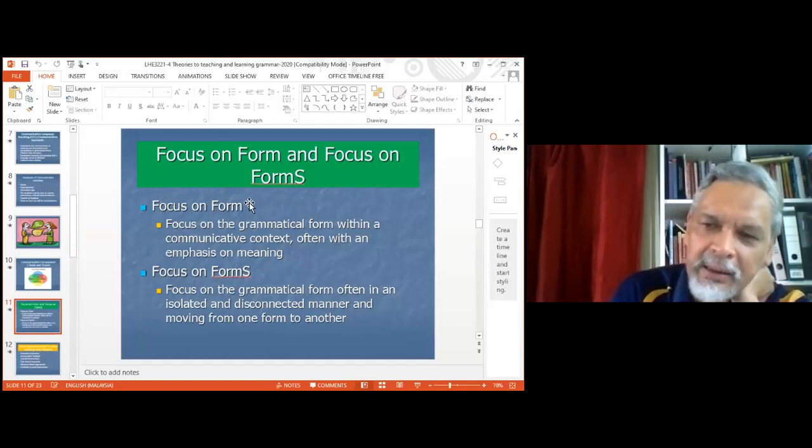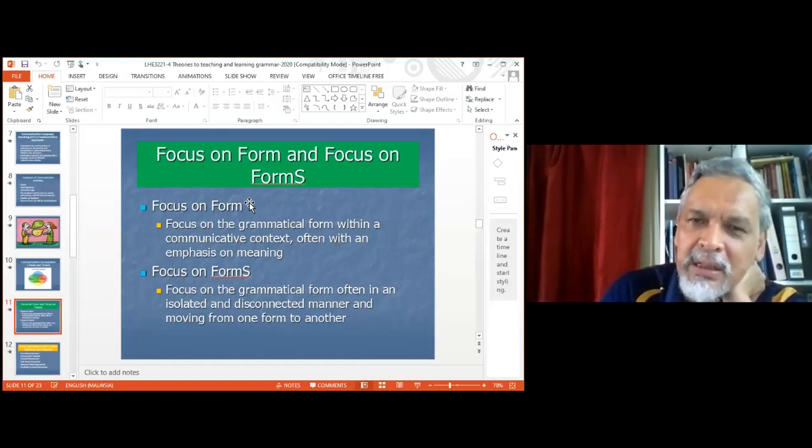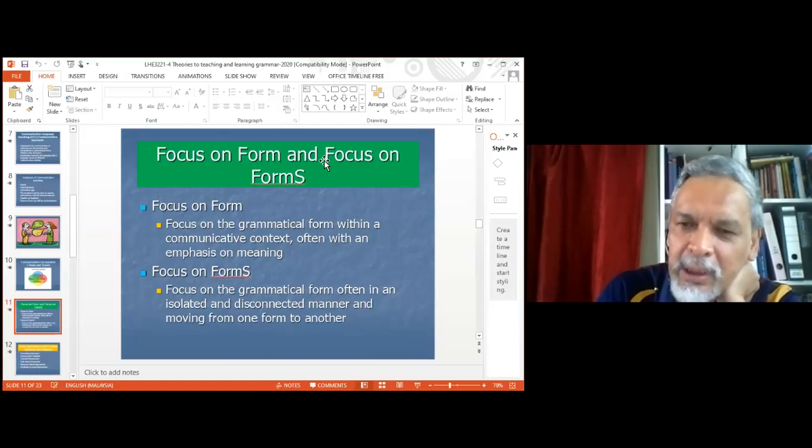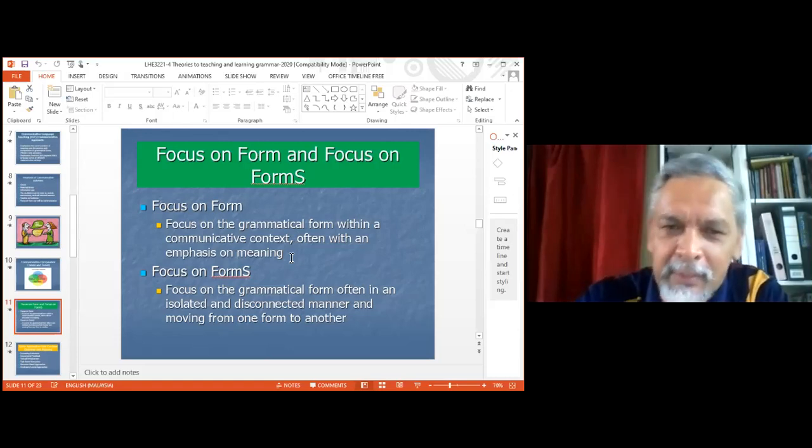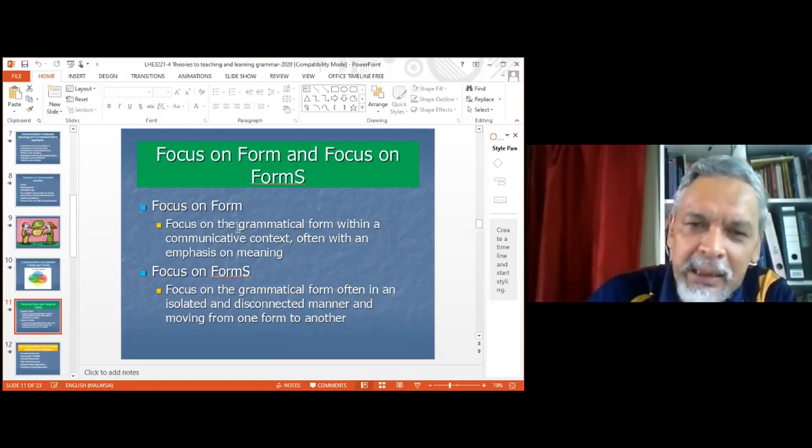That kind of grammar teaching, focus on forms, I think most people will agree is not what we practice anymore. But we still need to have focus on form. But the important thing is that this is done in a communicative context.